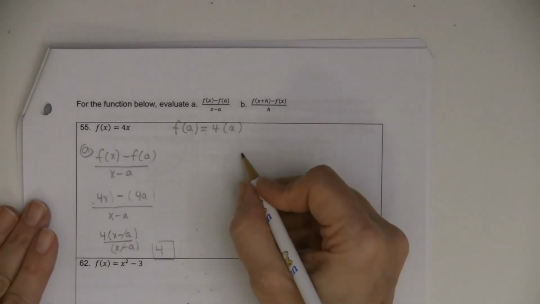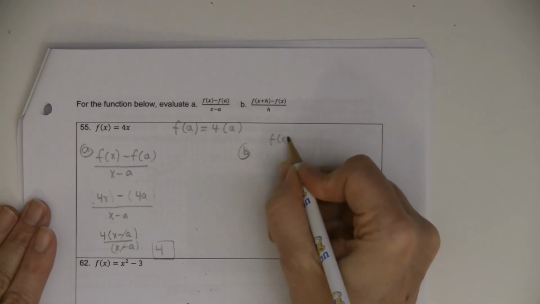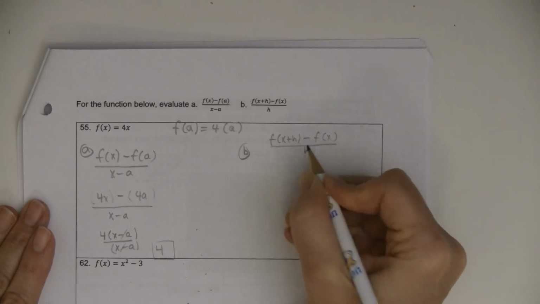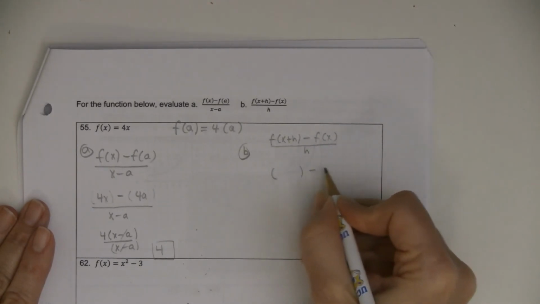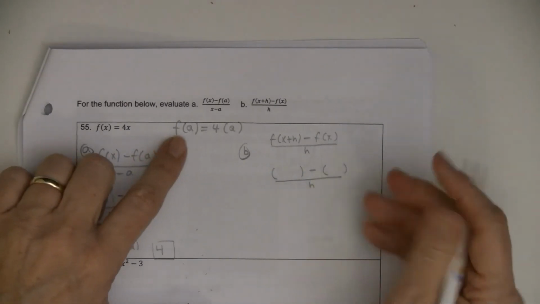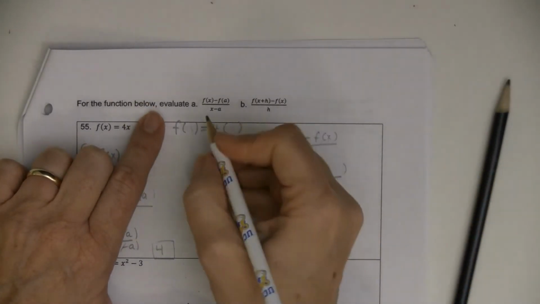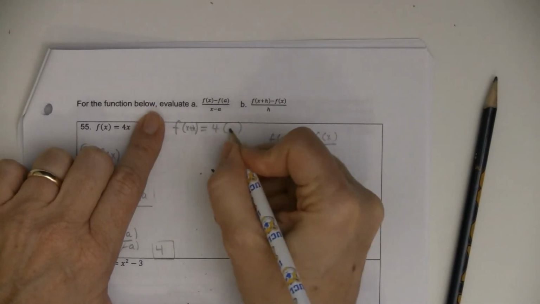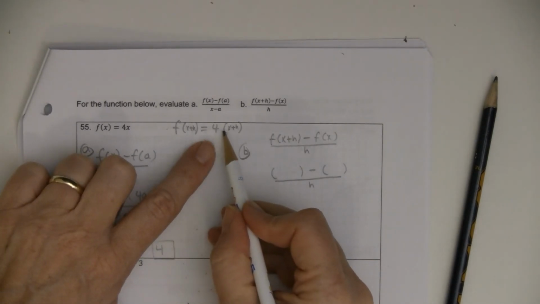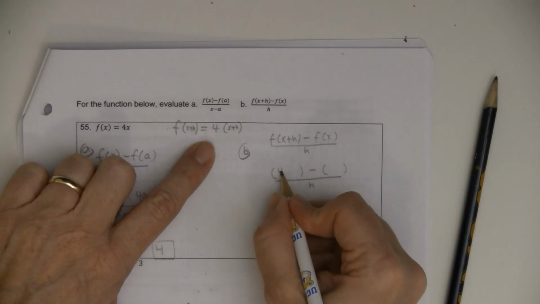And we want to try that with part B. And so this is f at x plus h minus f at x over h. So the parentheses over h. So we're going to be plugging in x plus h. And I'm going to distribute this right now. This is going to be, when I put it in here, 4x plus 4h.